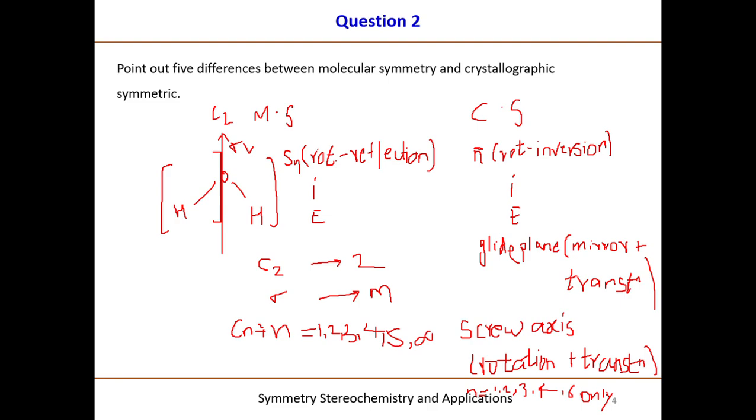The reason for not having 5, 7, 8 and infinity is given in the book by F.A. Cotton, chapter number 11. You can check that chapter.